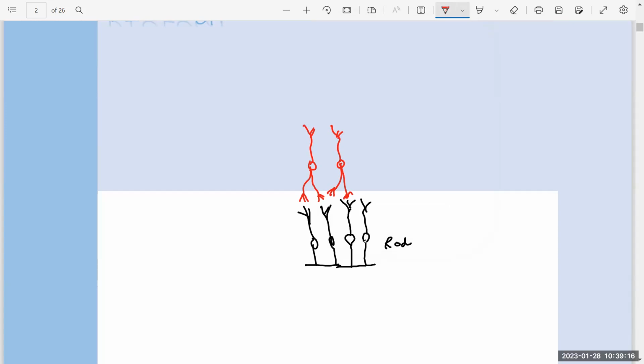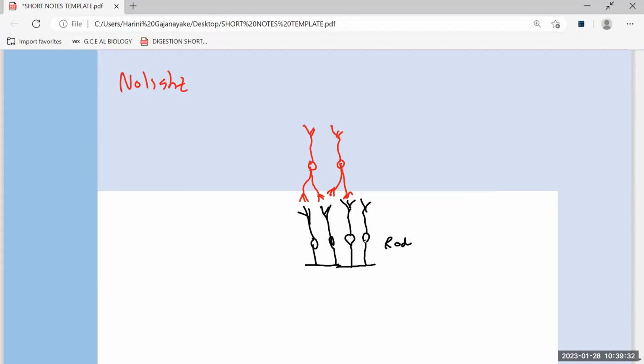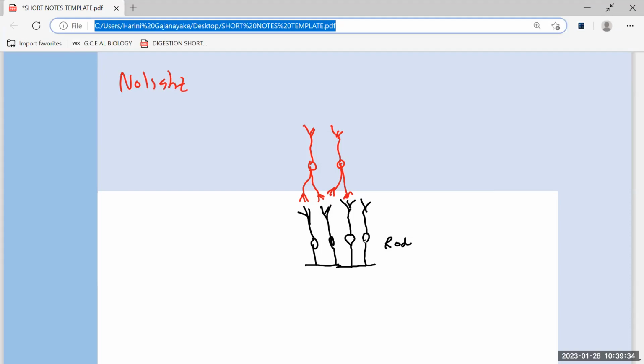Let's first assume there is no light. If there is no light, the rhodopsin does not separate and the sodium channel is not closed.